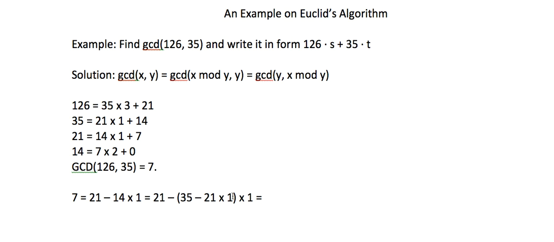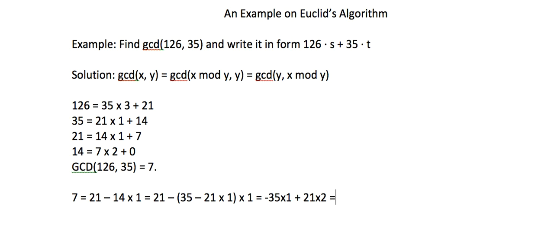Do not do the calculation; you still keep terms in 35 and 21. So you will have negative 35 times 1, because you have times 1. Then you have plus 21 times 1 plus 21, which is 21 times 2.